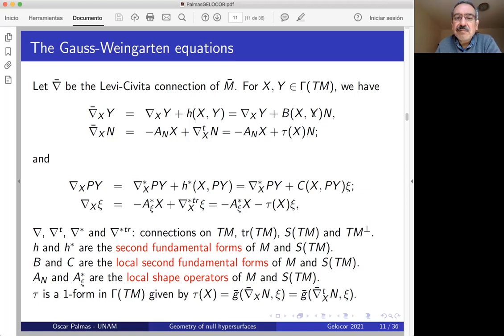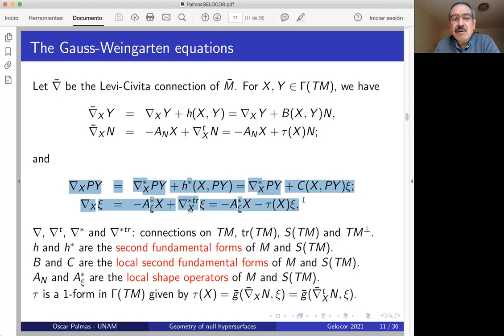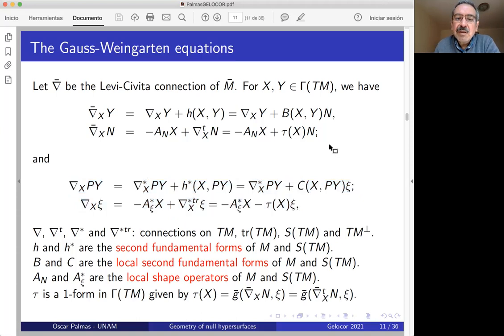we have this part, for example, in the direction of n, and also we have these decompositions on the tangent bundle of M. So this part, for example, is tangent to the screen distribution, and this part is in the direction of xi in the radical bundle.